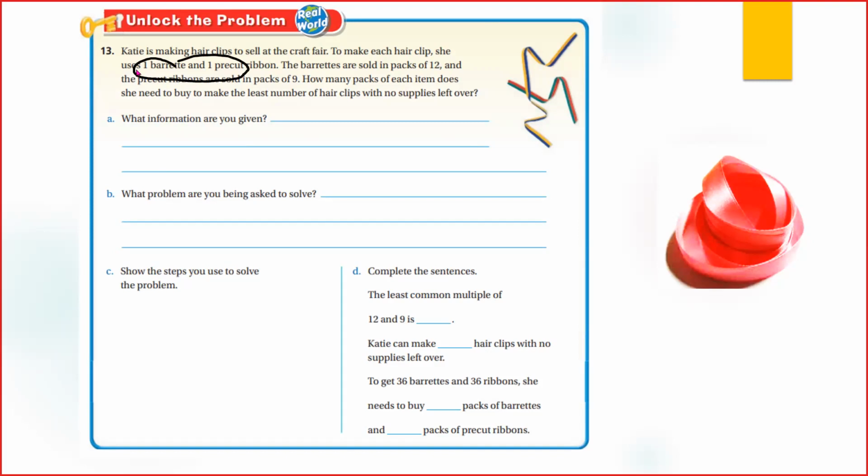What can she do? If she buys 1 packet of ribbons, 9 ribbons, with 12 barrettes, so that she has no supplies left, she says, okay, if I buy 9 ribbons with 12 barrettes, I have three barrettes left.